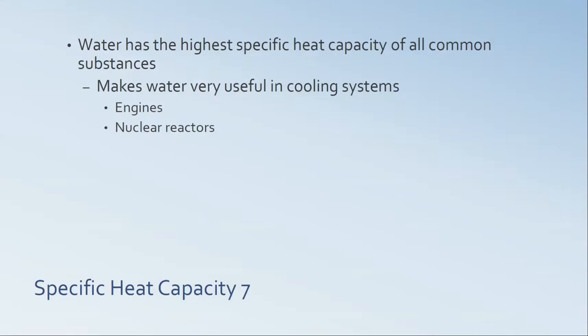In the core of a nuclear reactor, as that nuclear reaction is ongoing, it creates a great deal of heat. And if we didn't take that heat away from our core, then the core could actually melt down and escape the reactor, which is generally seen to be a bad thing. So we can use water to pull heat away from the core, cool off the core, and then in most cases that heated water is used to drive turbines and create electricity.